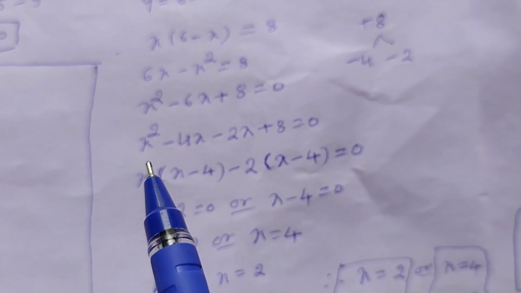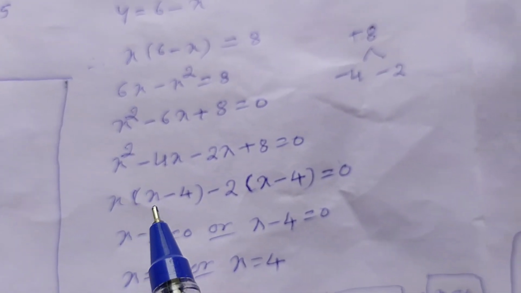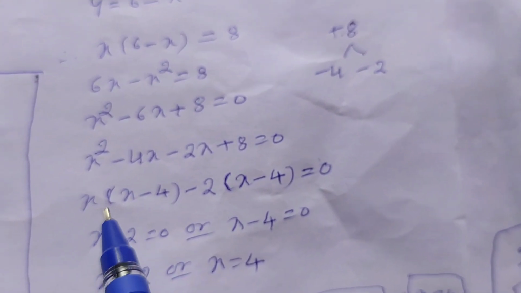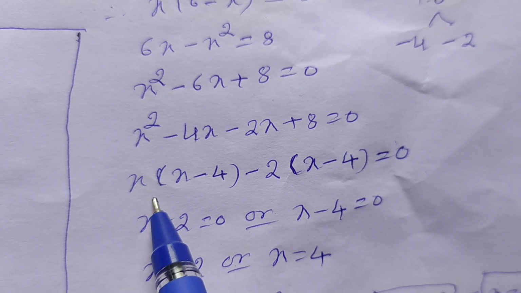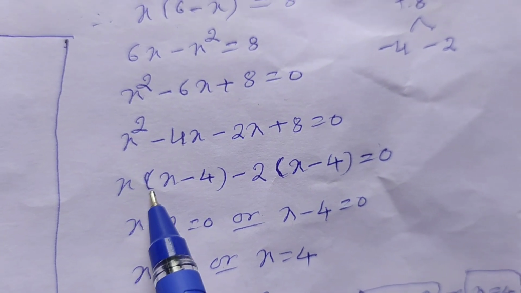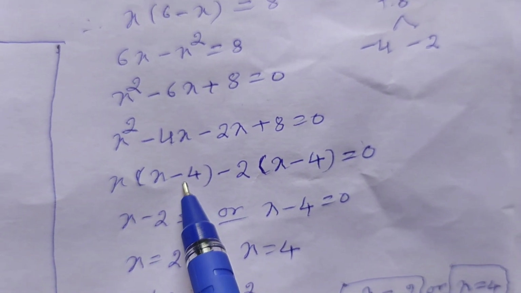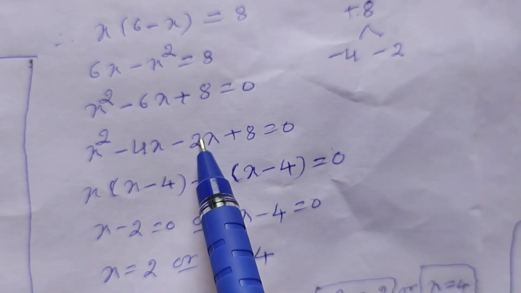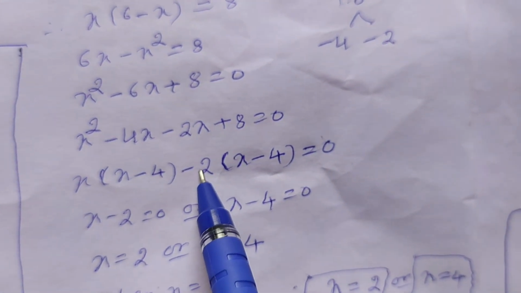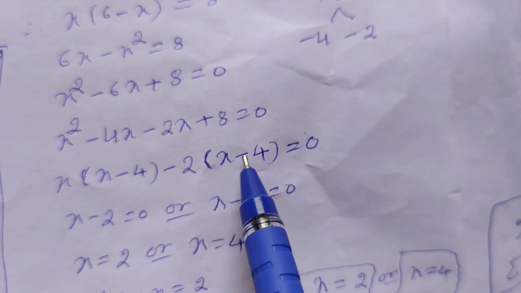Therefore, here take x as the common factor, inside the bracket there is x minus 4. Here we have to take minus 2 as common, and inside the bracket, x minus 4.